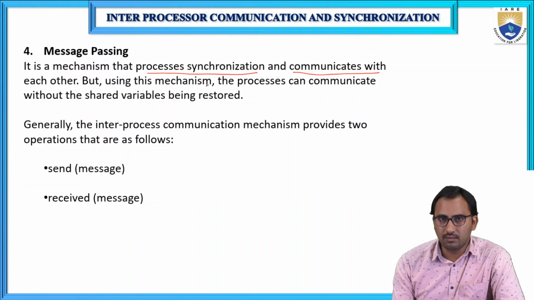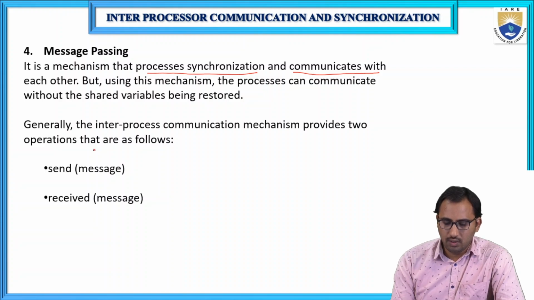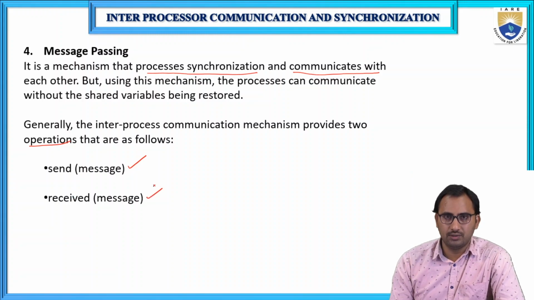Using this mechanism, the processes can communicate without shared variables. Generally, the inter-process communication mechanism is provided by two operations: one is send a message and another one is read a message. By using these two, the message passing system can be implemented.